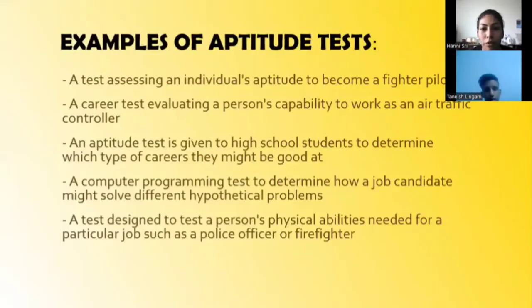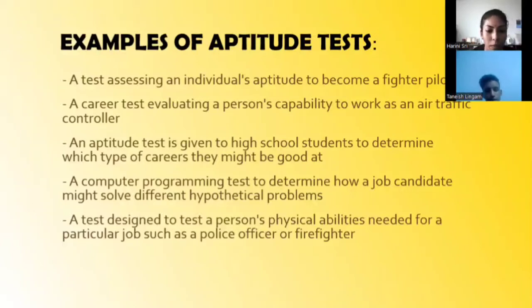So, examples of aptitude tests: a test assessing individual aptitude to become a fighter pilot. Next is a career test evaluating a person's ability to work as an air traffic controller. Next, an aptitude test given to high school students to determine which types of careers they might be good at.